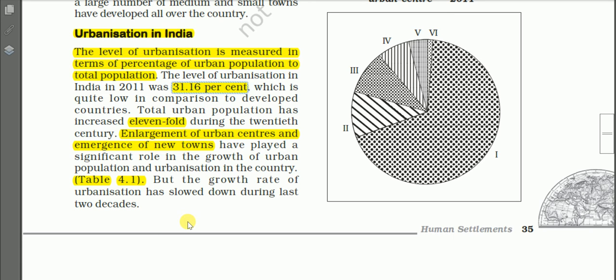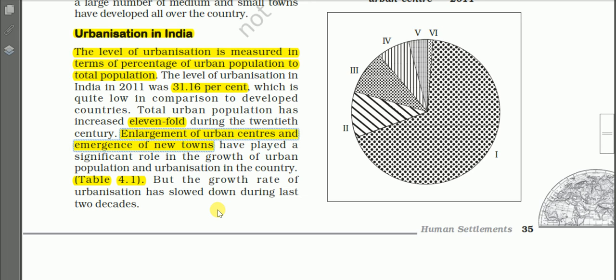And the total urban population has increased 11-fold during the 12th century. The enlargement of urban centers and the emergence of new towns have played a significant role in the growth of urban population and urbanization in the country.